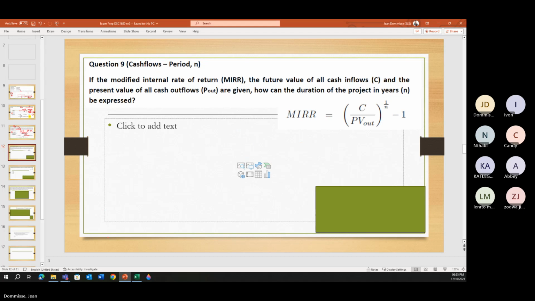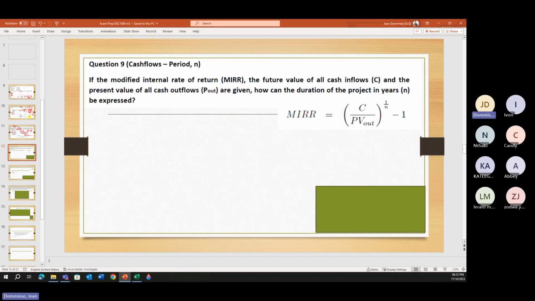Okay, next question. This one was very interesting. Here we looked at the modified internal rate of return, so MIRR.